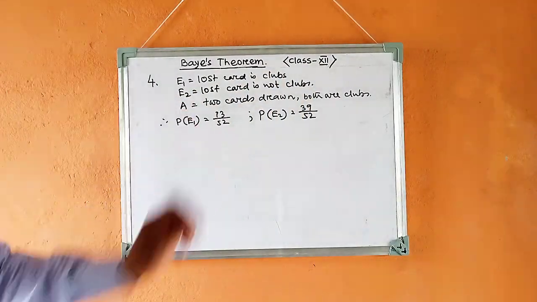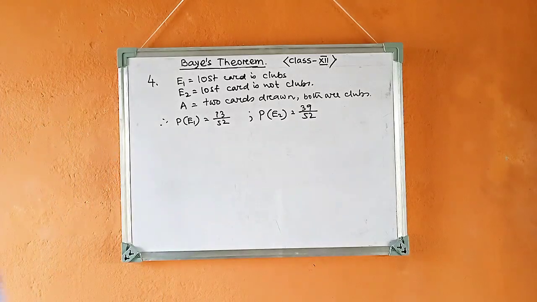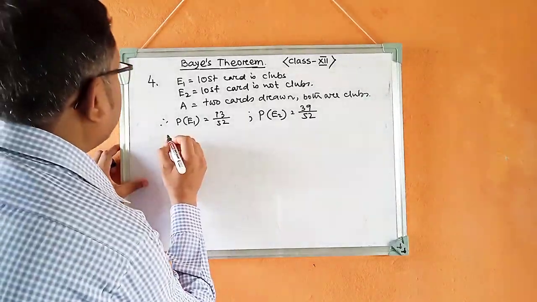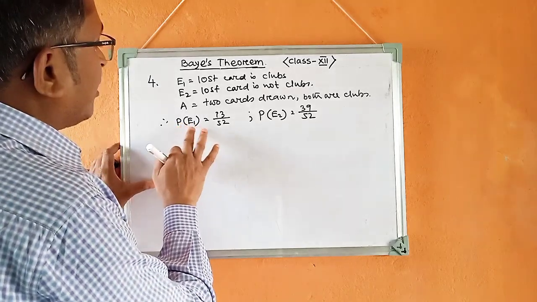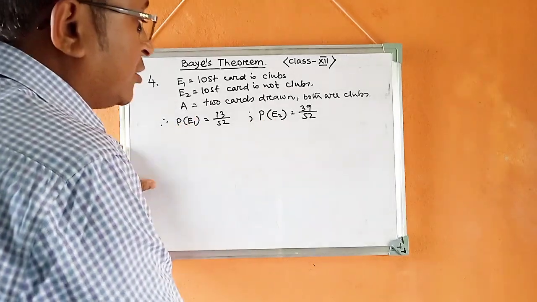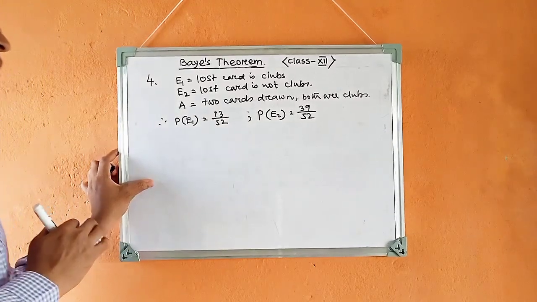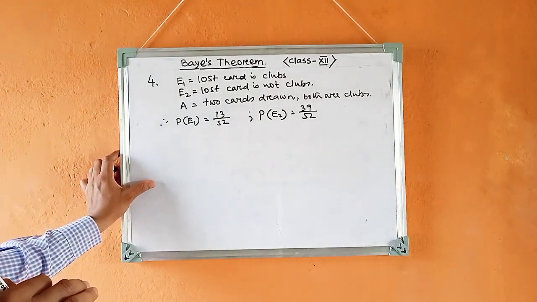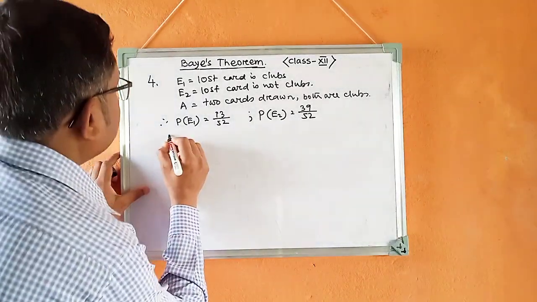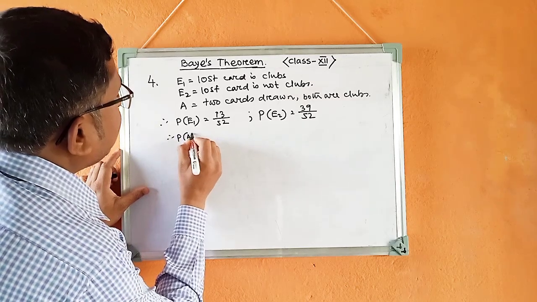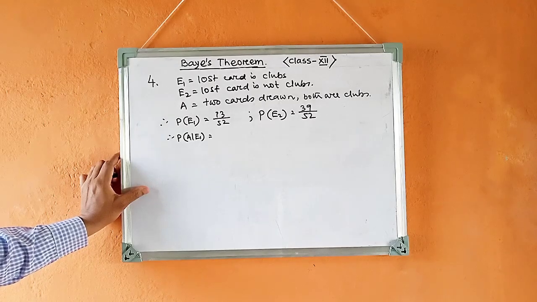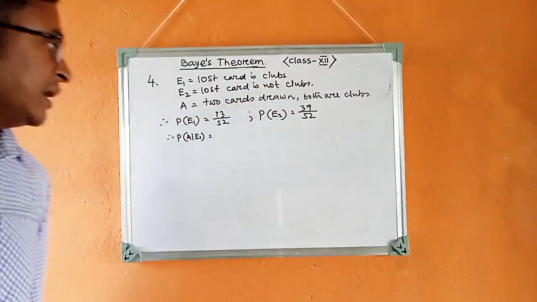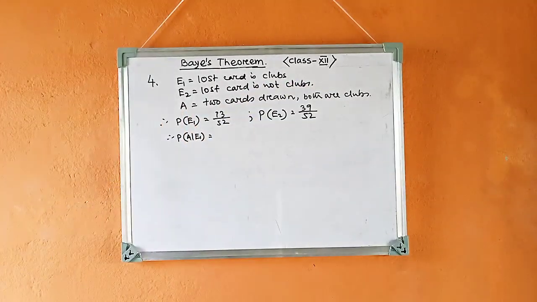Now two cards are drawn, both are clubs. See carefully: P(E1) and P(E2) are mutually exclusive and exhaustive events. Now P(A|E1), that means two cards drawn, both are clubs, under the event E1 that the lost card is also a club.